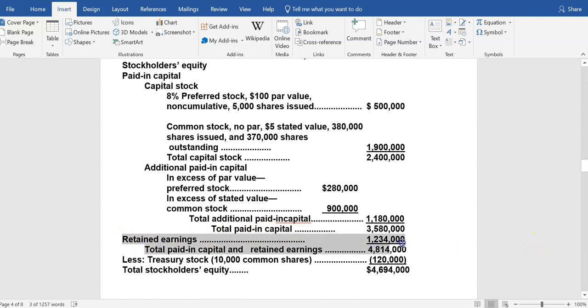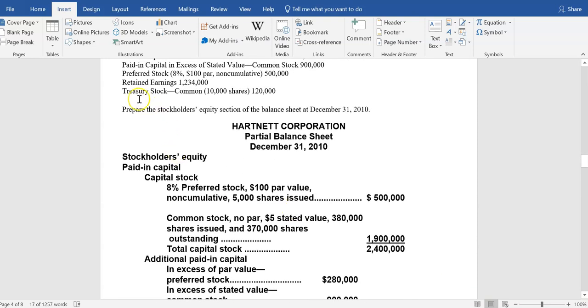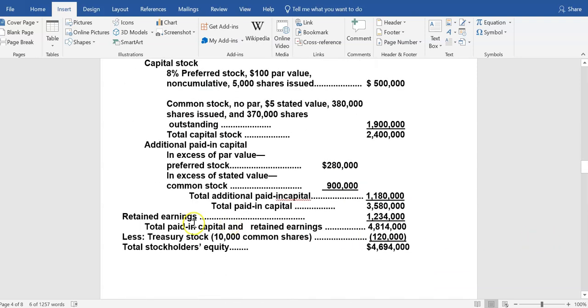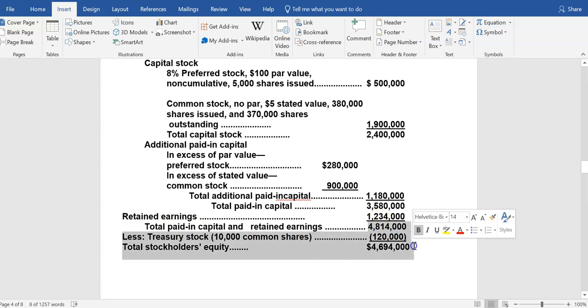So retained earnings given in the problem of 1,234,000. Paid-in capital and retained earnings added together give us 4.814 million. Then we subtract out the amount of shares that have been repurchased. Treasury stock has a balance of 120,000, leaving us with ending total stockholders' equity of 4,694,000.